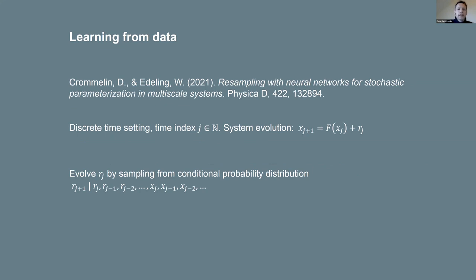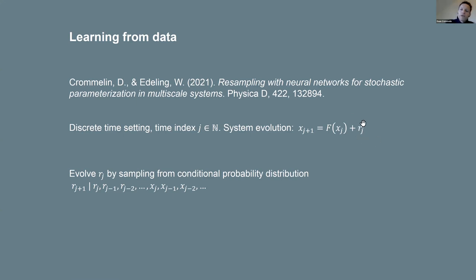And the key idea here is that if you want to iterate this model here, right? It's a very abbreviated way of representing the model. So there's a part that we know: this capital F, which is given to us, for instance, by physics, by discretizing a known PDE.